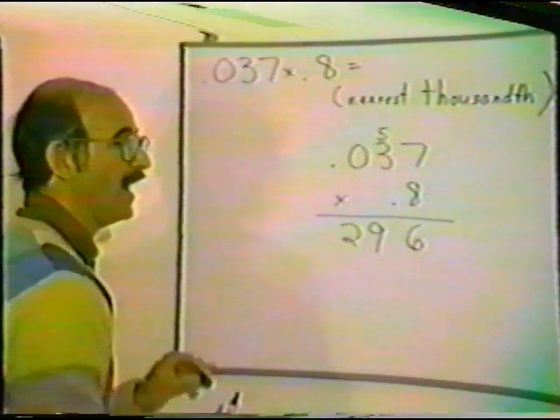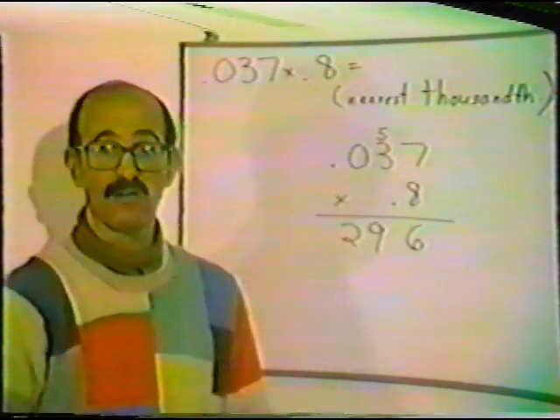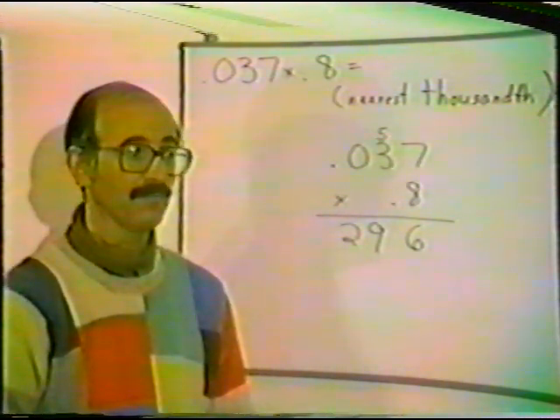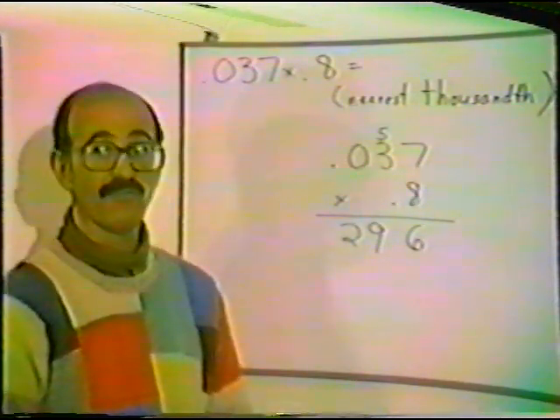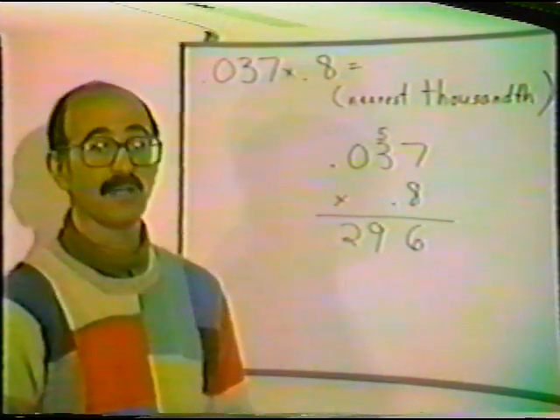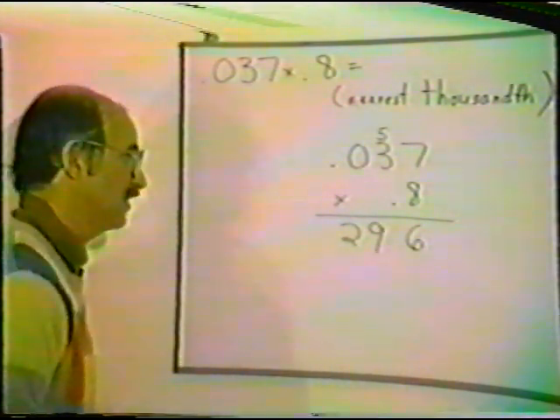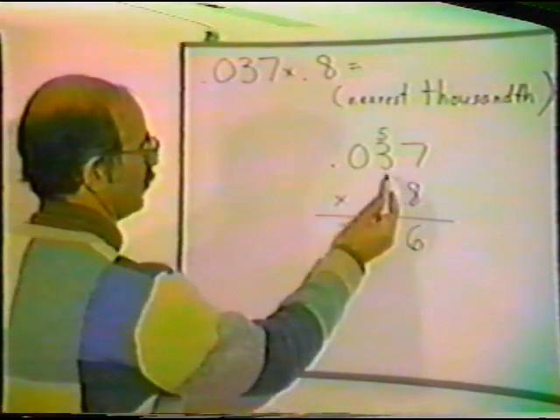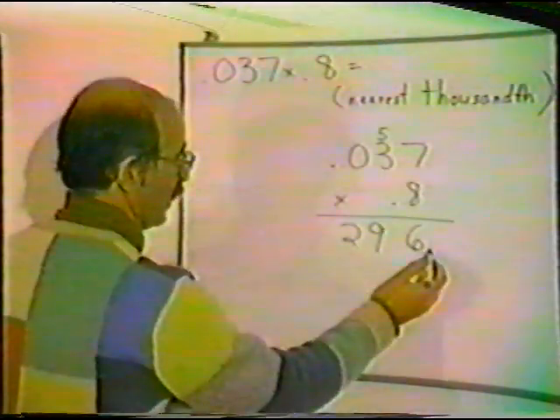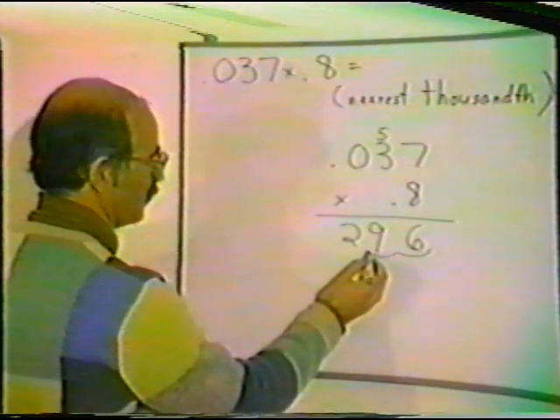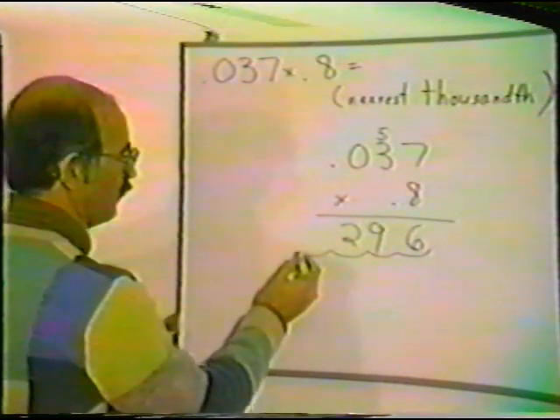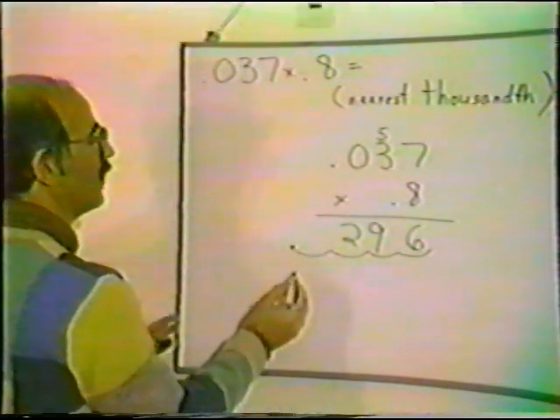29. How many places are there in the original problem that are filled to the right of decimal points? 4. 1, 2, 3, 4, and I go back, 1, 2, 3, 4, and I put my decimal point there.